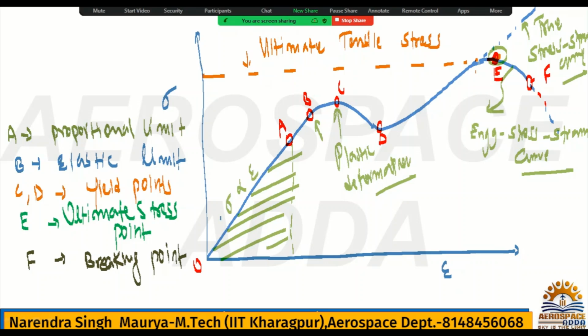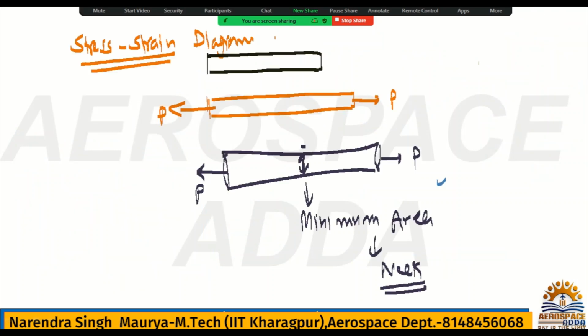All right. Then the next point is the fracture point, or sometimes also called the breaking point. At this point, what will be happening? If you continuously increase the load beyond the ultimate tensile load, then necking will start. Obviously necking has basically already started, but beyond the ultimate stress point, necking takes place. What is necking? I told you, the minimum area.